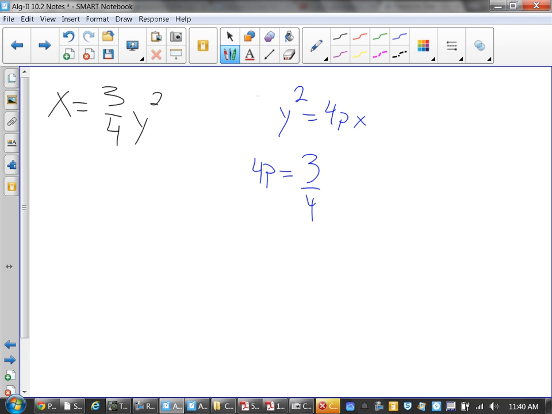Would you have to move those to each other side? No. Does that mean the same thing? Well, 3 over 4 times y squared is different than 3 over 4 times x, isn't it? Right, but I'm asking you this: is x squared equals 3 the same thing as 3 equals x? Yeah. Okay.